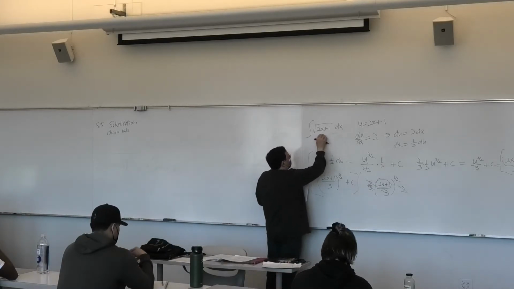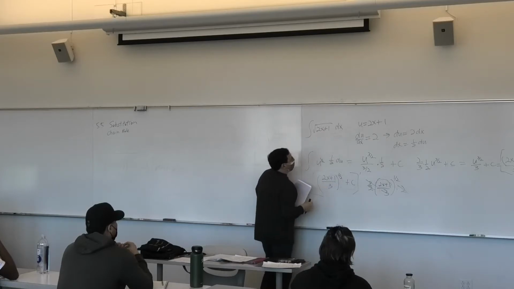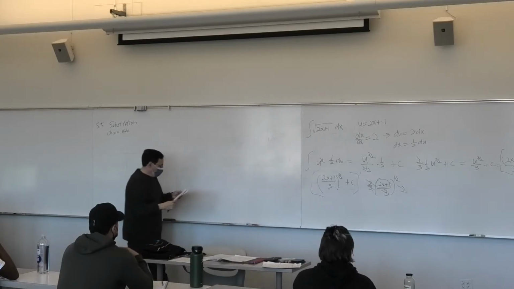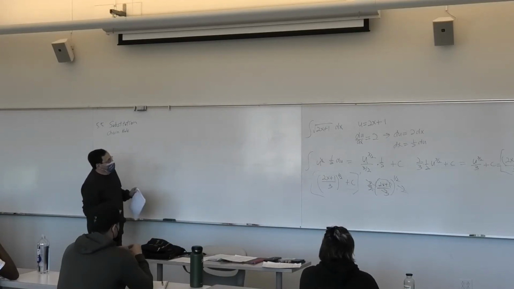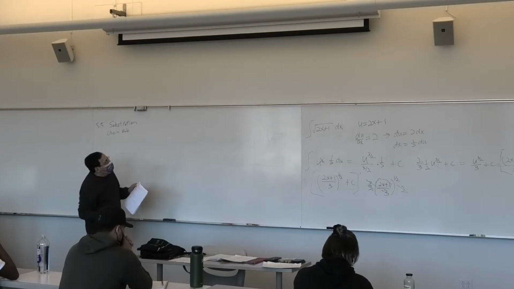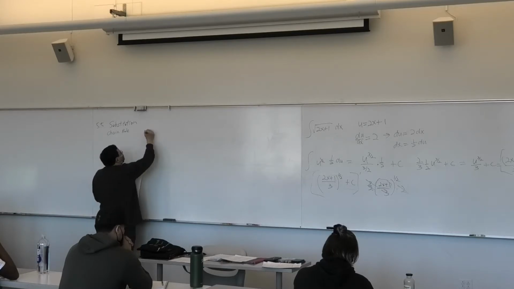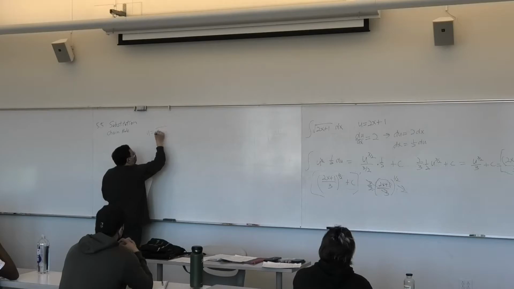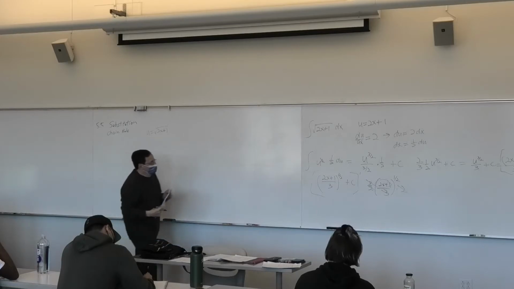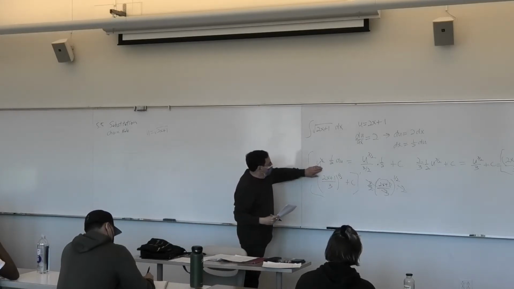Say I wanted to make what was under the radical simpler, so I made u 2x plus 1. I could have gone a step further. I could have said, let's make u square root of 2x plus 1. That would make at least this part of the resulting integral even easier.